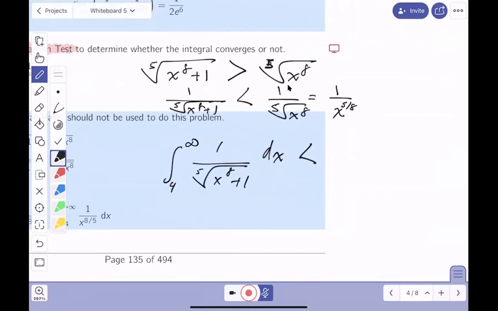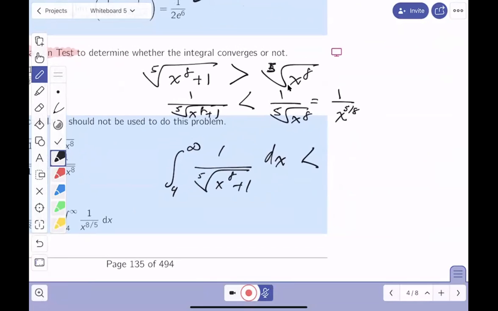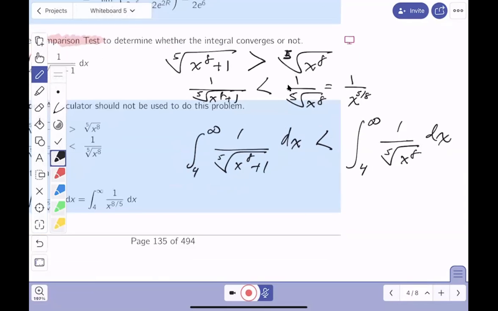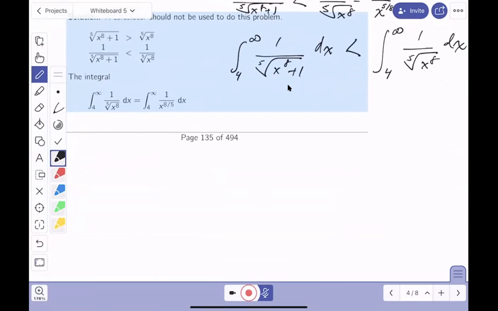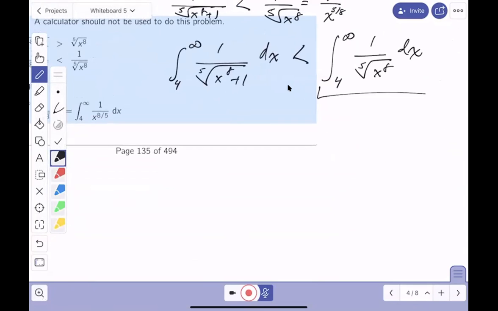And what's it going to be less than? It's going to be less than this guy over here.